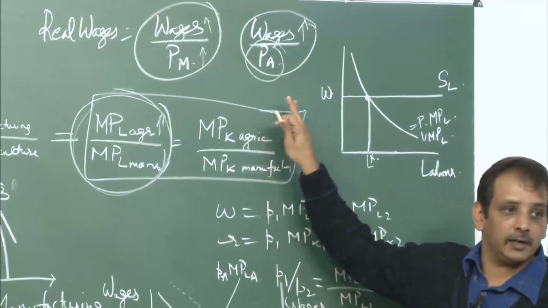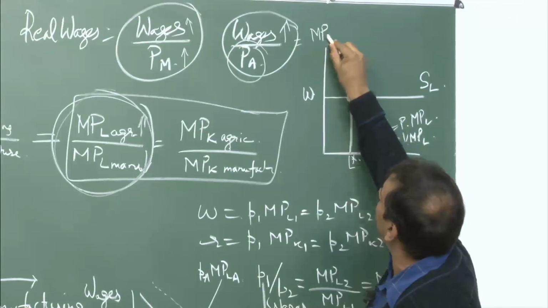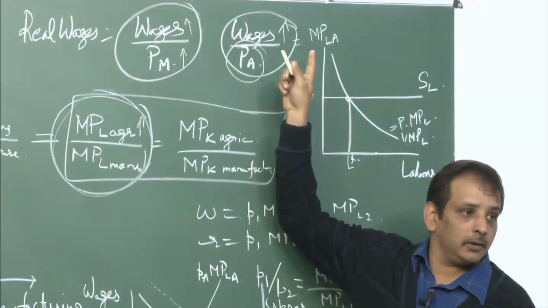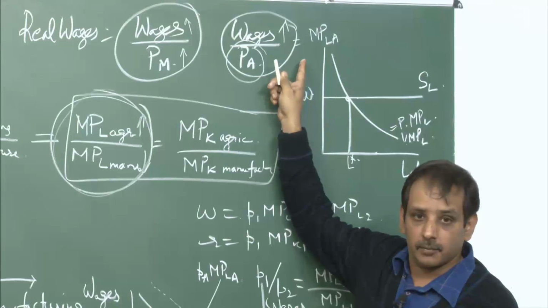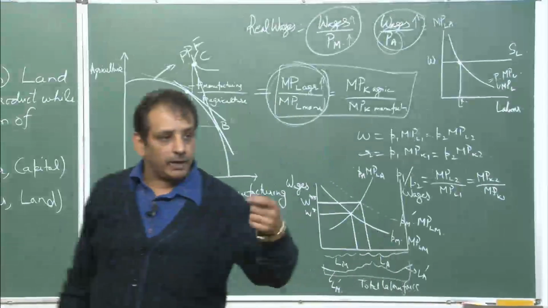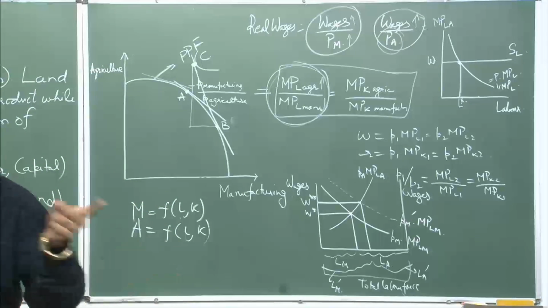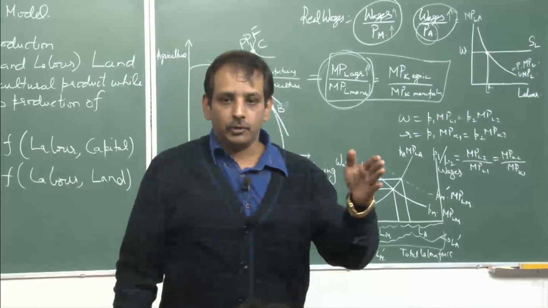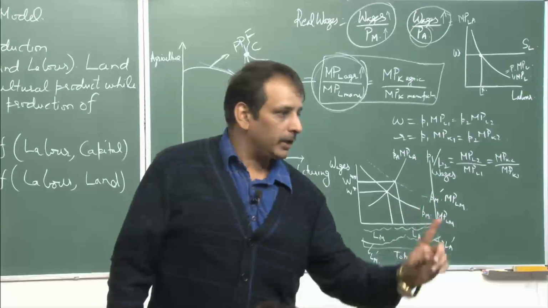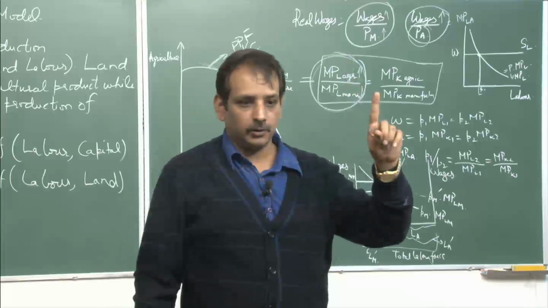So one thing is clear, that the marginal productivity of labor in the agricultural sector goes up, all right. And we had already analyzed that when labor moved out from the agricultural sector to another sector, you had less labor, which means the marginal productivity of labor in the agricultural sector goes up, right.